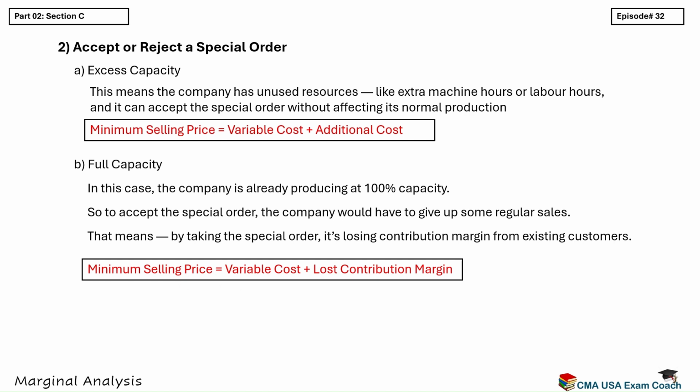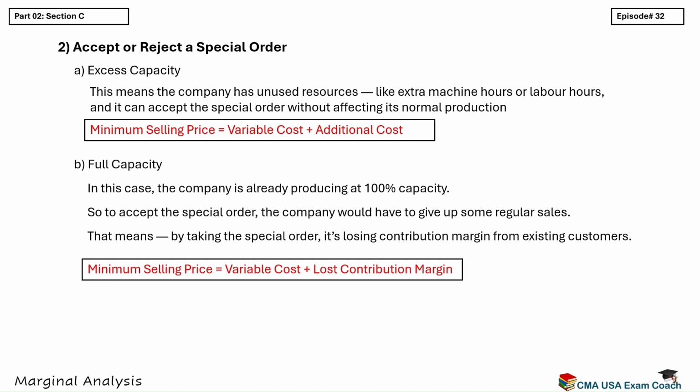Let's take an example. Variable cost per unit equals $50. Regular selling price equals $80. Regular contribution margin equals 80 minus 50 equals $30. So if the company accepts a special order, it loses $30 per unit in contribution from its regular product line.